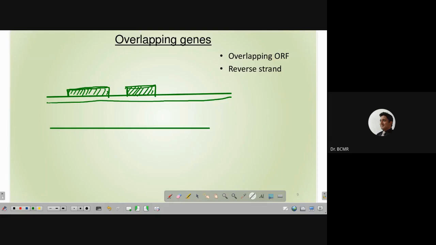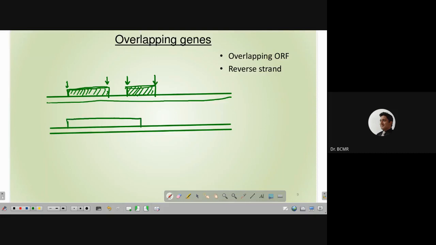Same way. Only thing, I'm going to have a little bit of difference to it. So in the first one here, a gene has started at this location, ends here. This is the start for the second gene, and it ends here. In some cases, a gene starts here and ends here, whereas the second gene may start here and end here.